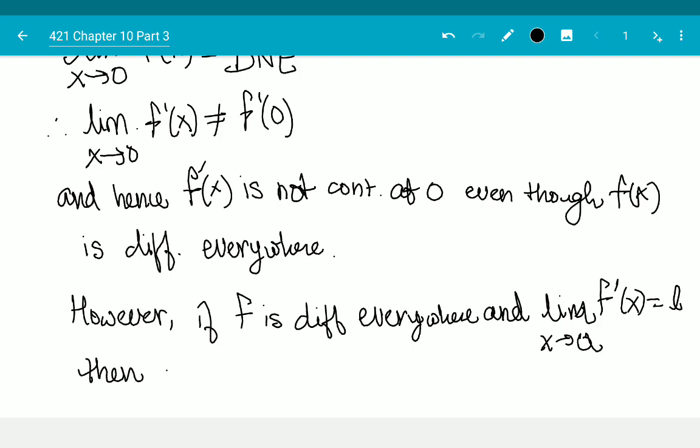Then f prime of a is equal to L. Okay, so if it is differentiable and the limit is equal to L, then f prime of a has to be equal to L. It can't be that your limit is different than the value if the function is differentiable and the limit exists.